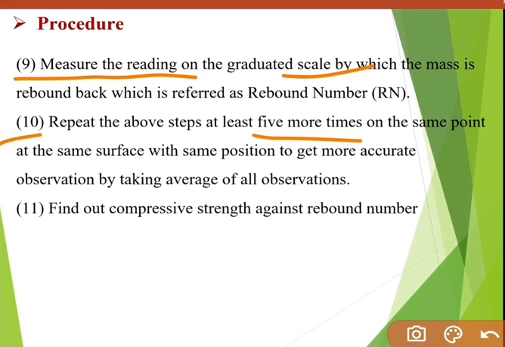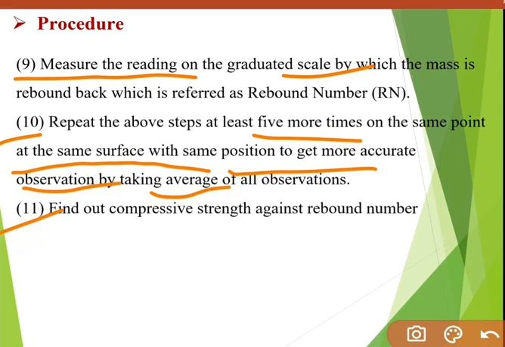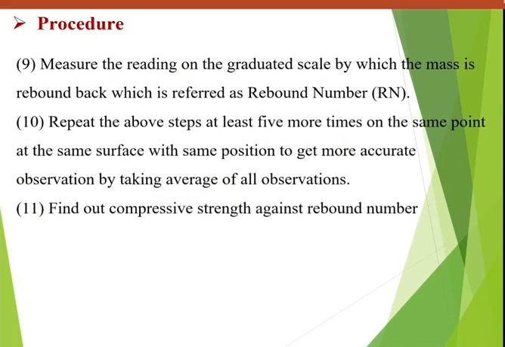You have to repeat that process 5 more times on the same point at the same surface with same position to get more accurate observation by taking the average. Last one, find out compressive strength against a rebound number. So this process we are going to see on the YouTube video also. So just keep in mind the procedure.